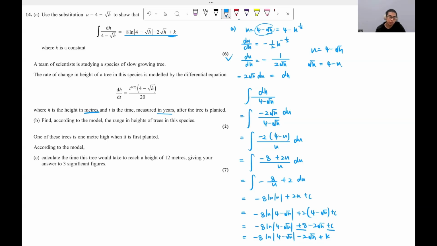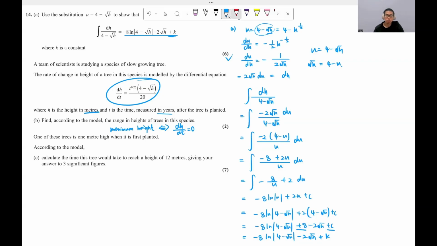Every time you want to find the maximum or minimum, we use differentiation, right? We let the derivative equal to zero to find the maximum or minimum. So in this case, if you're looking for the maximum height, you need to look at dh over dt, which they already give us. So all we have to do is let dh over dt equal to zero and solve it to find what h is.